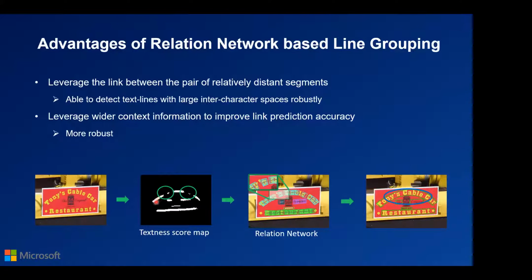In order to figure out that these belong to the same text segment, the relation network, because it takes visual features to estimate whether two segments should be connected, will consider, for example, that textures are similar and backgrounds are similar, and then realize that these should be connected. So you get results like this, which is much more complete than if you just look at the score map, where through rules it's very hard to say that these should be connected. It's much more robust this way.